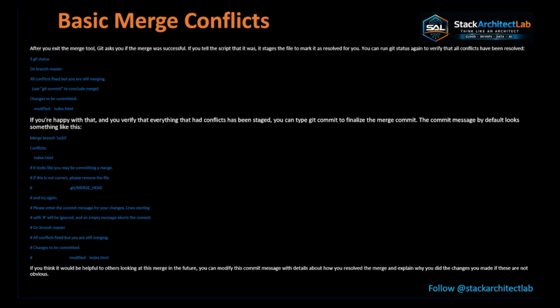After you exit the merge tool, Git asks you if the merge was successful, and if you tell it yes, then in git status it shows that it has modified the file. If you are happy with this, you can add those details in your commit message also.